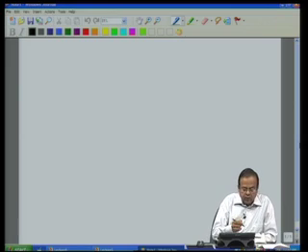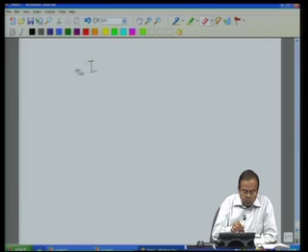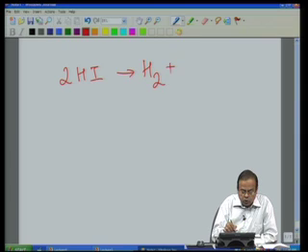Let us say that we have a reaction of hydrogen iodide getting decomposed to H2 plus I2.